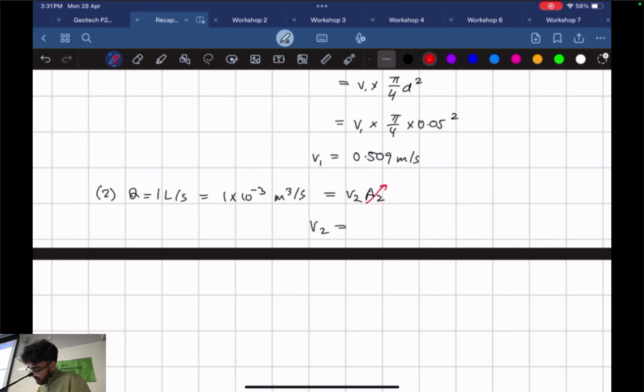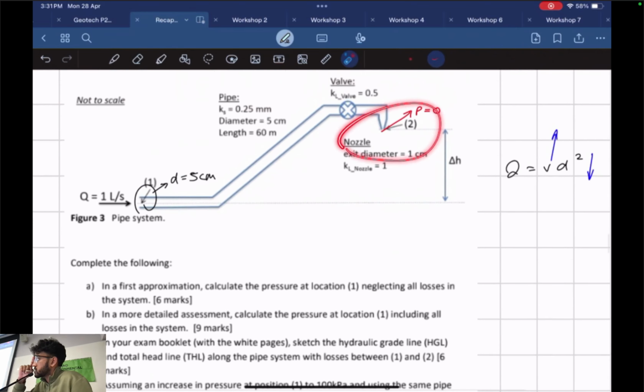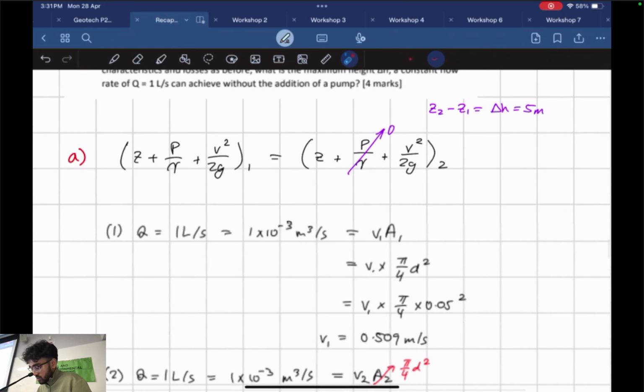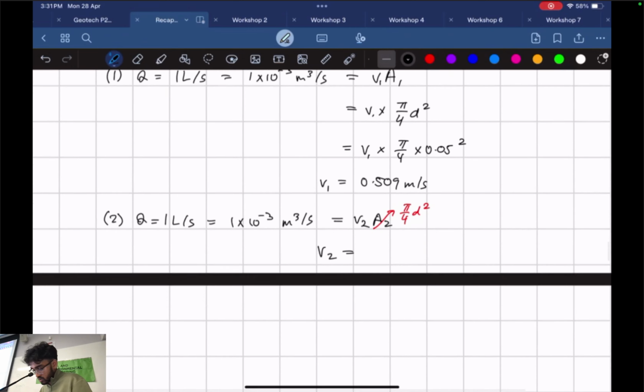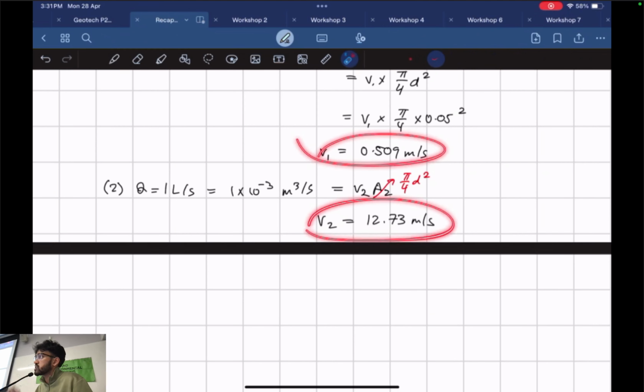This is going to be pi on 4 d squared. The diameter at the nozzle, or the exit diameter, is 1 centimeter, sorry. So I'm just going to sub in 0.01. So you get 12.73. So it's a huge difference in velocity between point 1 and point 2.